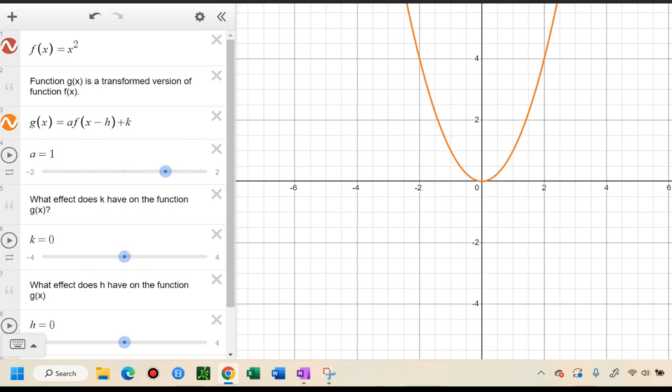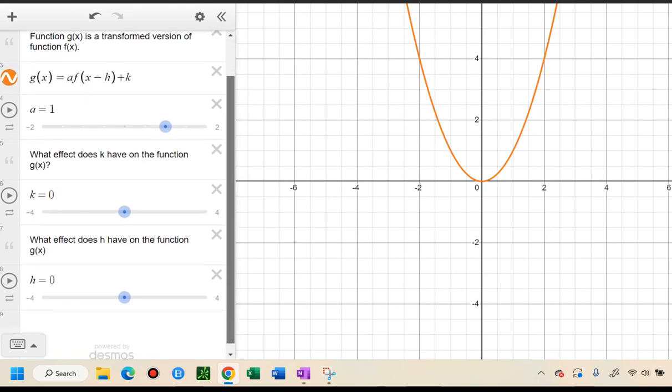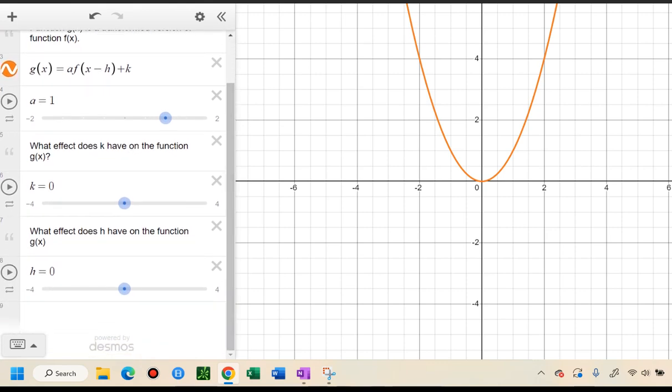There. Now I'm going to look at the effect of h. Remember, h inside will cause this parabola, this graph, to slide to the right and left. True. And if h is positive, it's going to move to the right. If h is negative, it's going to move to the left. So right now, h is going on the positive side.